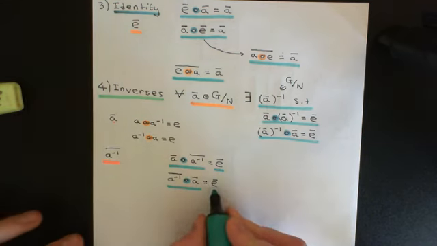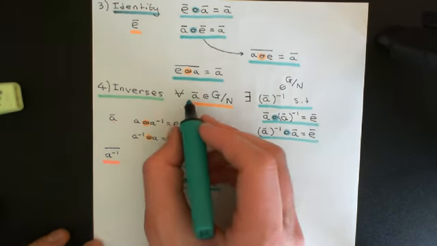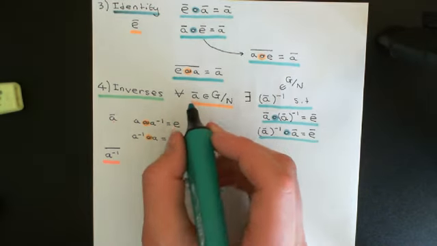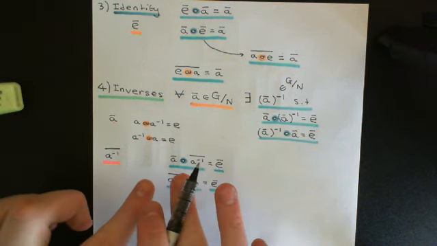Now note, it might be the case that A inverse is actually in the same coset as A. If they're in the same coset as each other, then of course that coset will be its own inverse, is what that means, basically. So if A and A inverse happen to be in the same coset, then the coset in the quotient group will be its own inverse. You do not need to worry about the composition law not being well defined, because we've proven that it is well defined. Okay, so let's imagine that that was the case.